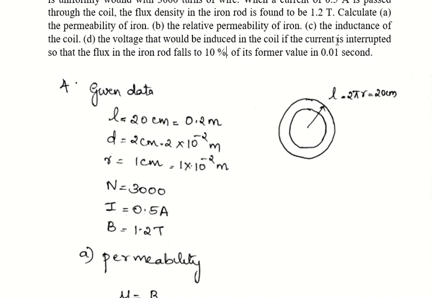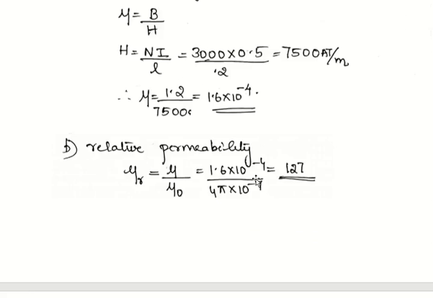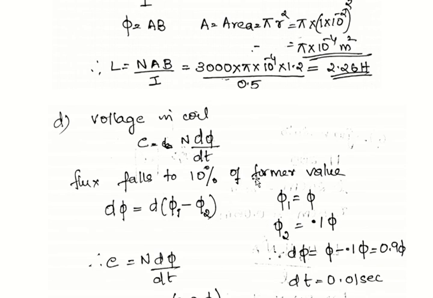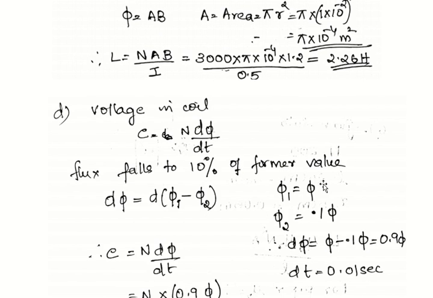Voltage induced in the coil if the current is interrupted so that the flux in the iron rod falls to 10% of its former value. So the initial flux, let it be phi. Flux falling to 10% of the former value means phi becomes phi minus 10% of phi, that is 0.15, reduces to 0.15.